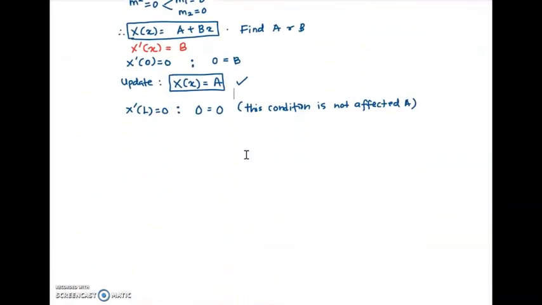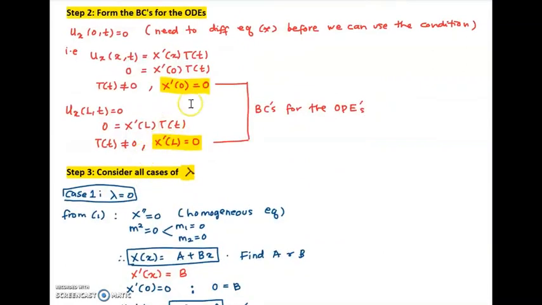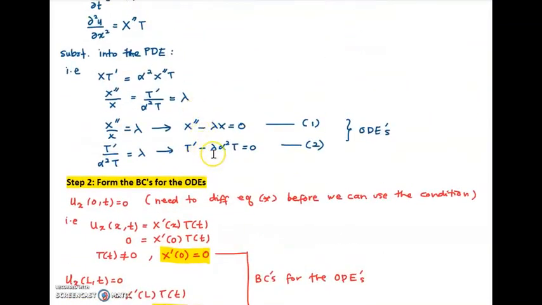So we have the solution for equation 1, and it is not 0. So we need to proceed with equation 2. Equation 2 is t prime minus lambda alpha squared t.